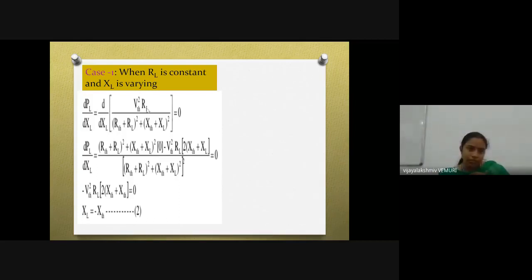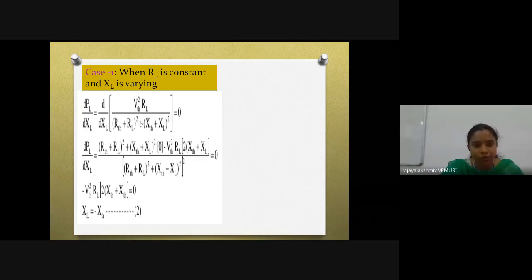That means with V du, you are differentiating the numerator with respect to XL. Do you have any XL part? No. So this becomes 0 here. Next, minus U, which is VTH square into RL, dV. For dV, you need to differentiate the denominator with respect to XL.